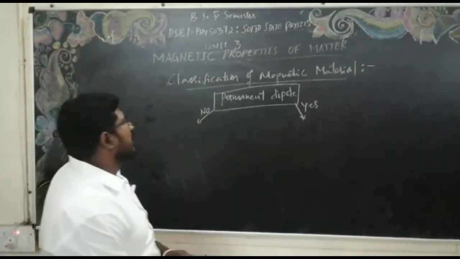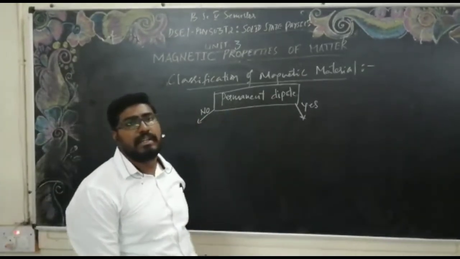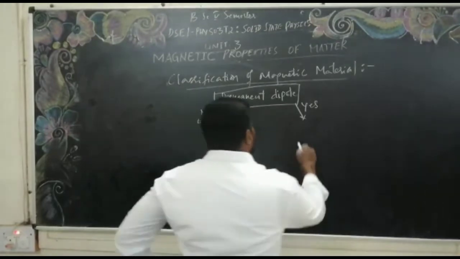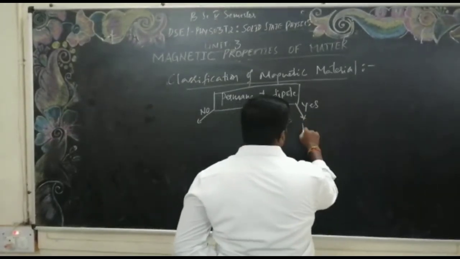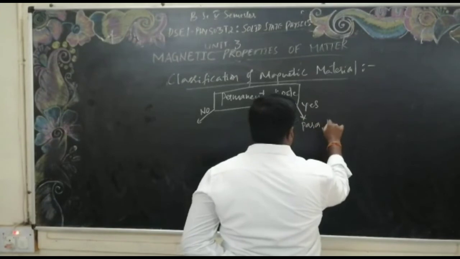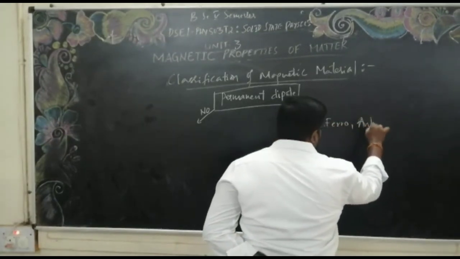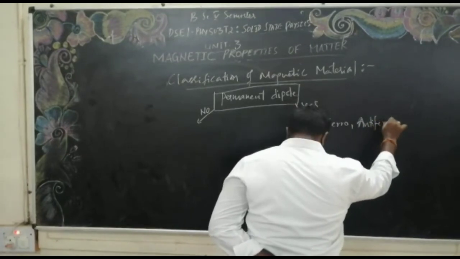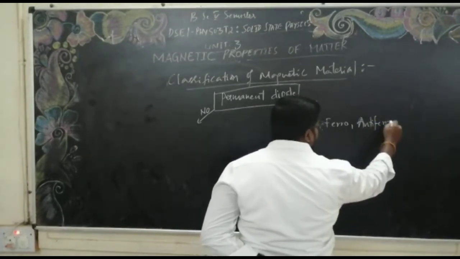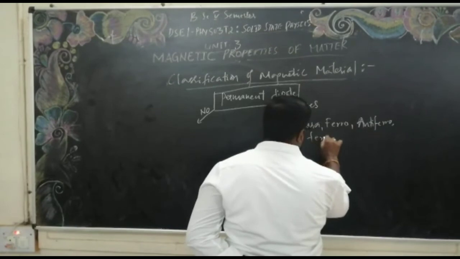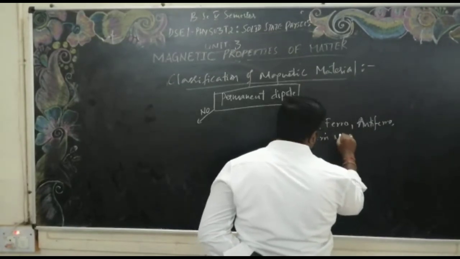If a material has a permanent dipole, that is, if you say yes, those types of material are para, ferro, antiferro and ferrimagnetic.